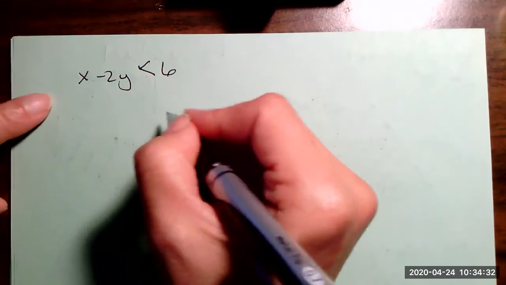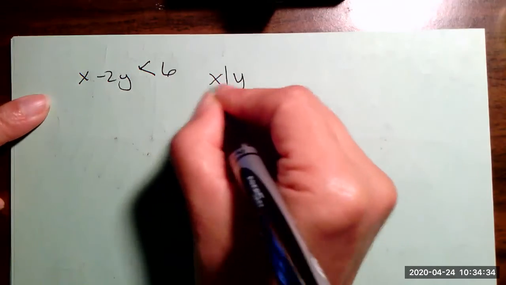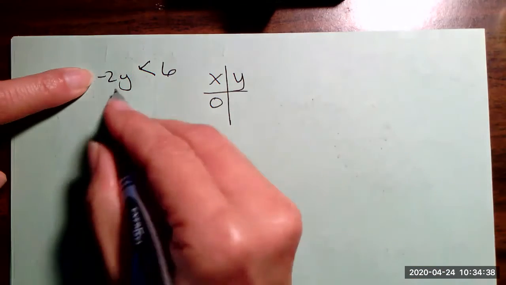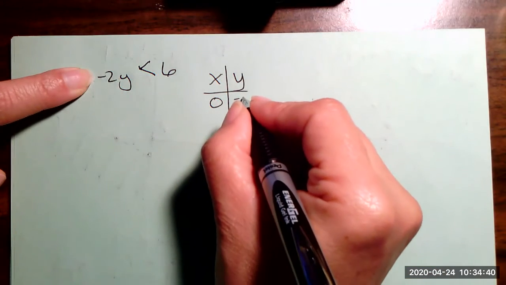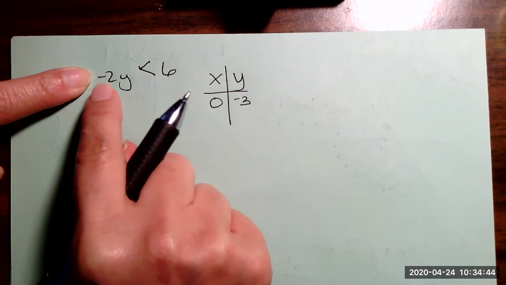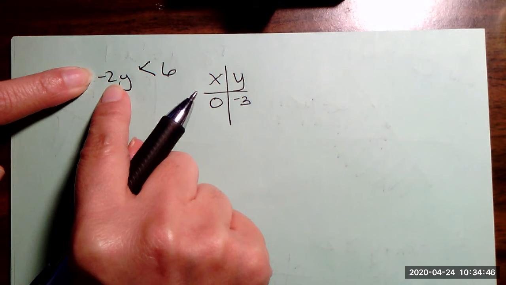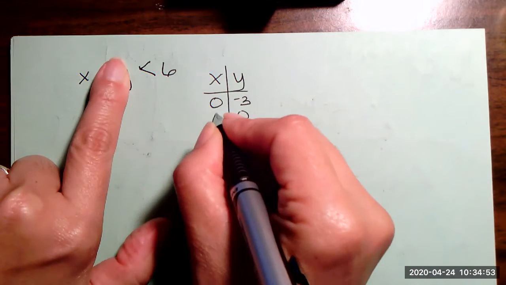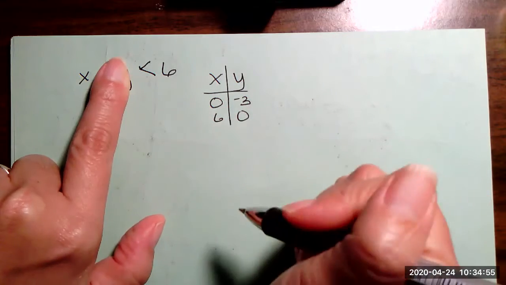Another one that's in that form. So again, I'm going to use this idea of finding x and y intercepts. So if x is 0, y has to be -3. And all I did was divide this by -3. Sorry. I divided both sides by -2. So y equals -3. And then if y were 0, it says it right there, x is 6.